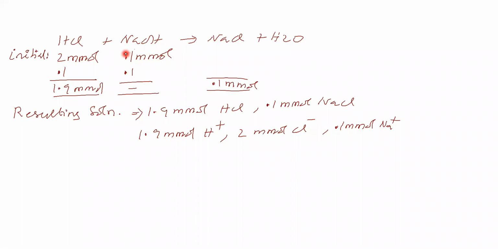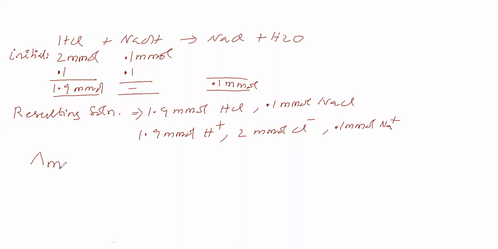So do you think that lambda m, the molar conductivity of the initial solution and the molar conductivity of the solution after adding sodium hydroxide, will be different or will remain the same? What do you think?